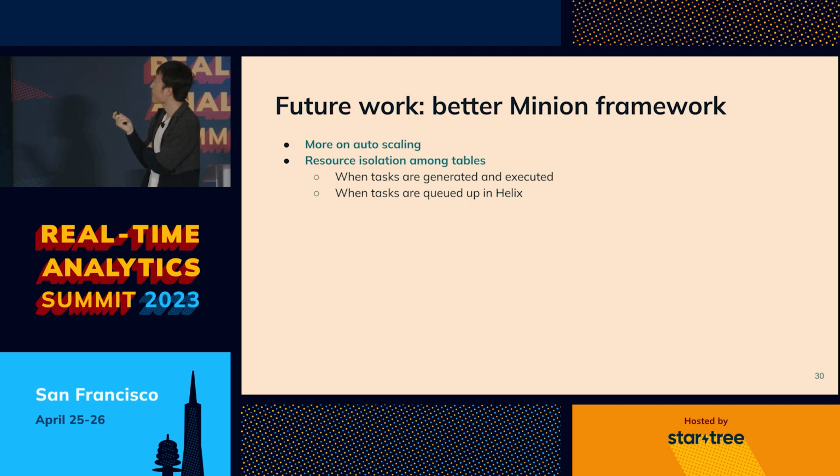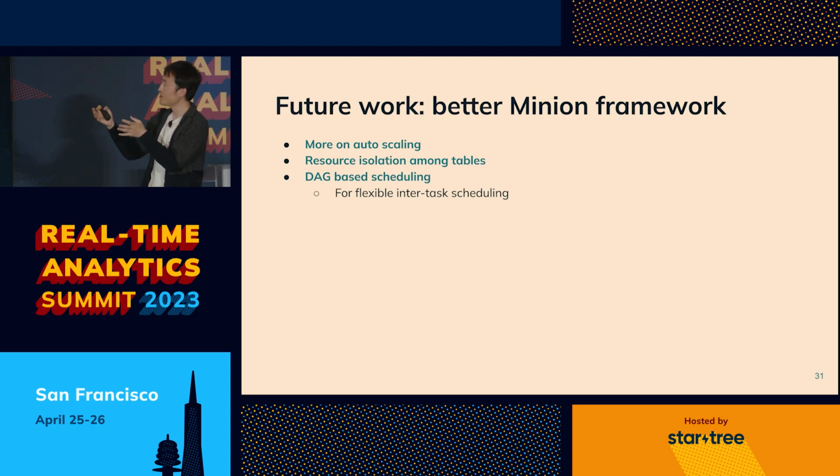And the third one is we start to see some use cases where we want to run multiple task types at the same time. For example, we use the data ingestion task to keep getting data into Pinot as segments. Meanwhile, we also want to run the segment optimization task to keep changing the format of those segments based on the changing query workload, which means the two tasks need to run with each other safely.